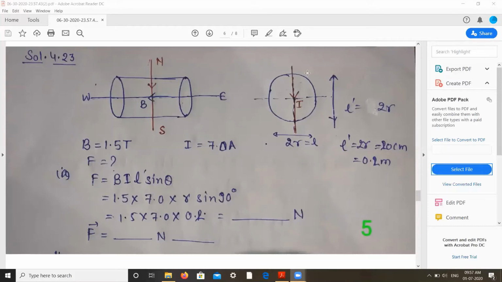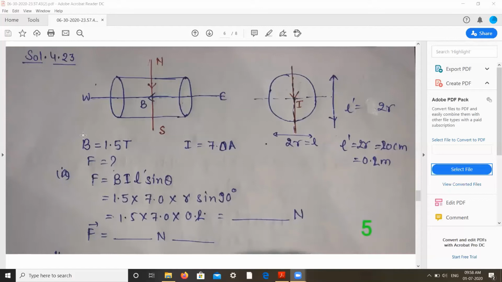Means whatever be the diameter of the circular face is equal to the length of the metallic wire which is carrying a current I and is perpendicular to the magnetic field line. So I have taken L prime as equal to 2R. L prime, or simply we can say that it is L, the new length actually, which we consider as nothing but 2R. So the magnetic field, as we have noted earlier, is 1.5 Tesla.